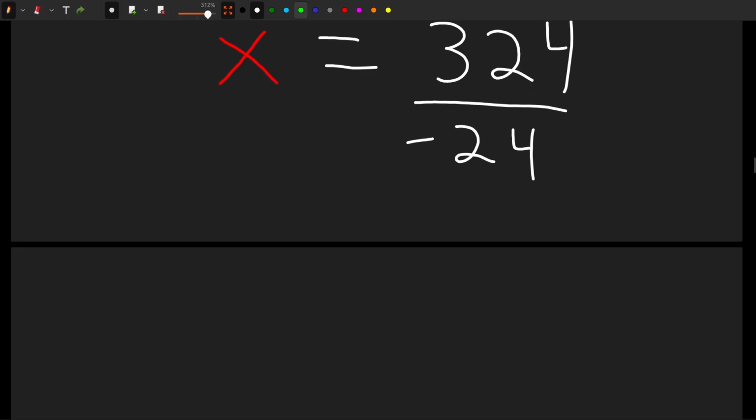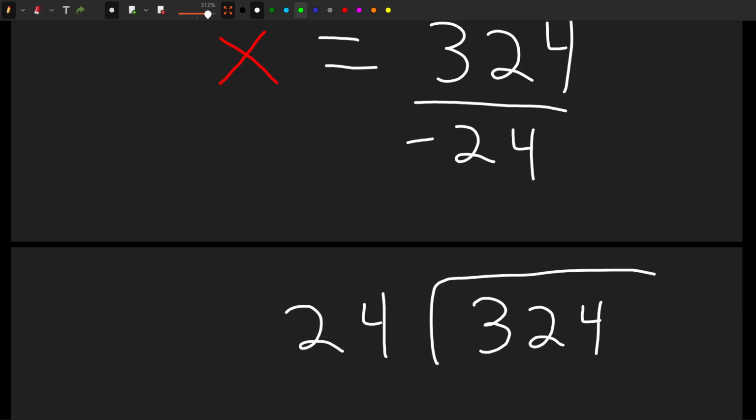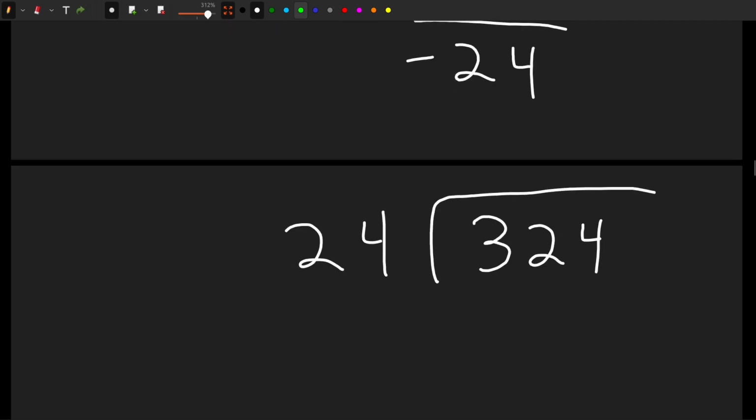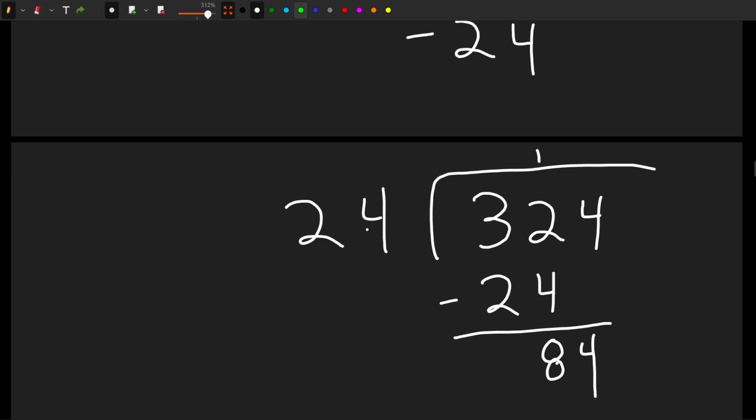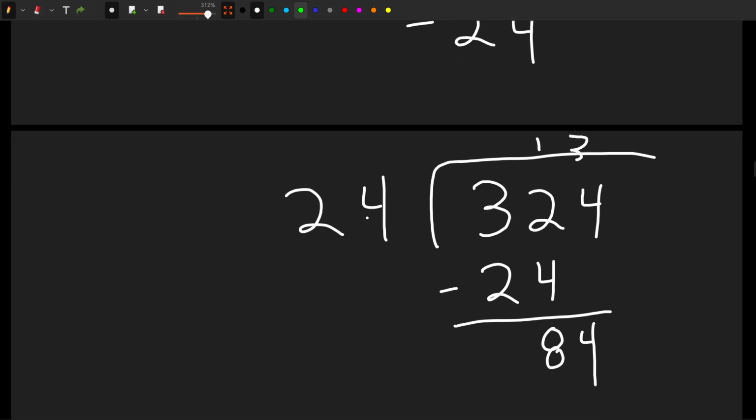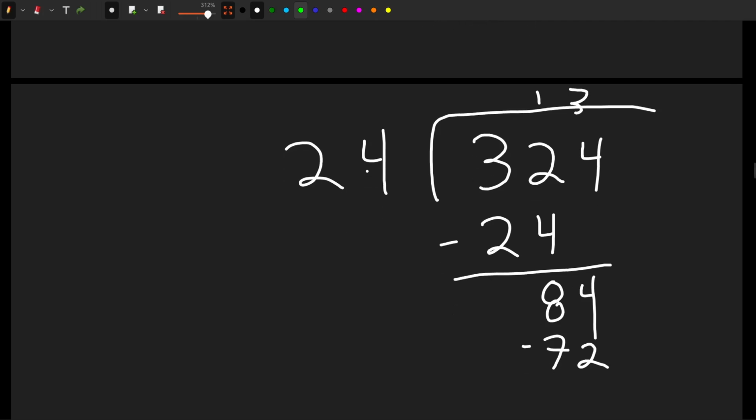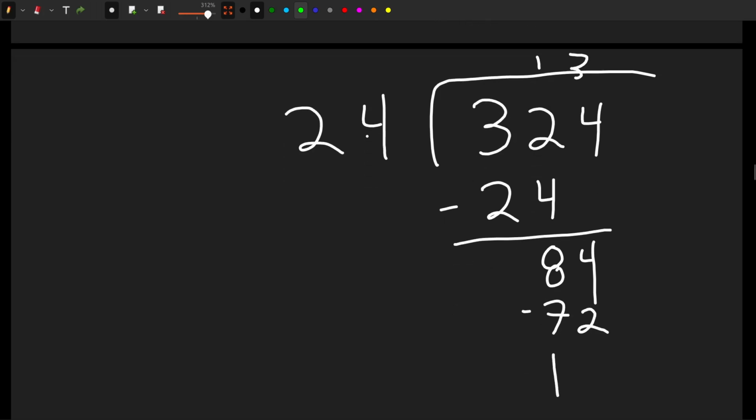So 324 will go inside the house, 24 will go outside, divide it out, and keep in mind that your answer will be negative. So 24 goes into 32 once. We get 8. Bring down the 4. 24 goes into 84 3 times. You will get 72. Subtract that out. And you'll get 12.